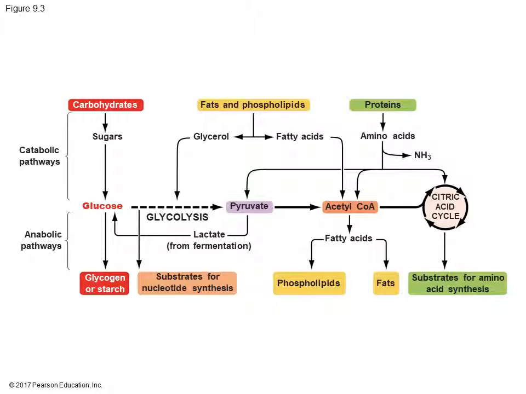But if you look below that pathway, you see anabolic pathways. Intermediates from this pathway can be used actually for nucleotide, phospholipid, fat, and actually protein synthesis. So this is a very important pathway, and you must know this like the back of your hand.